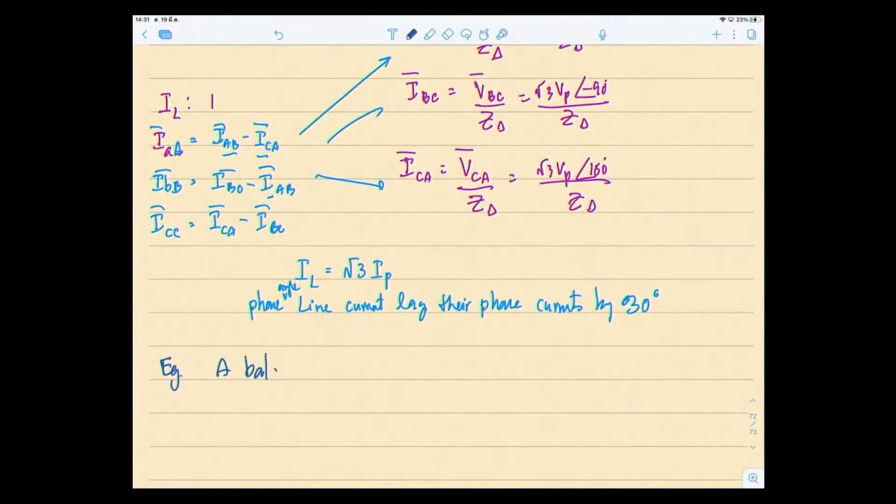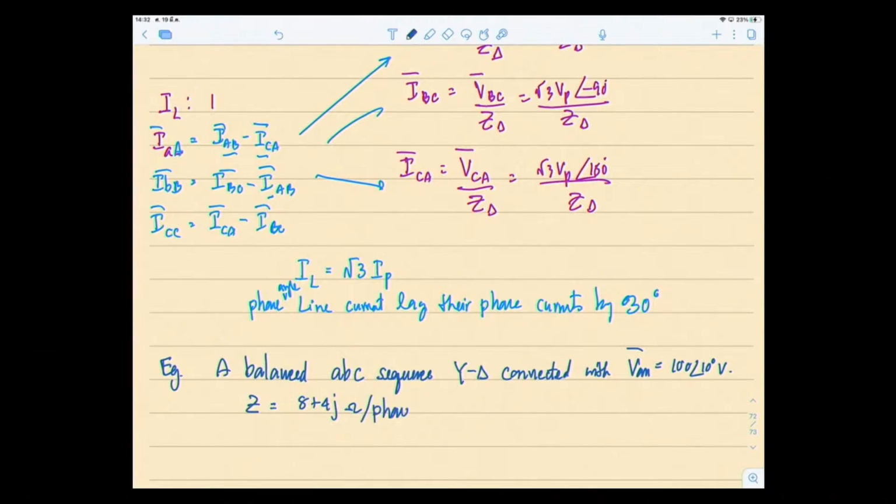A balanced ABC sequence, Y delta connected with VAN equal to 110 angle 0 degrees volt and the impedance equal to 8 plus 4J ohms per phase. Calculate phase and line current. So this is the problem.